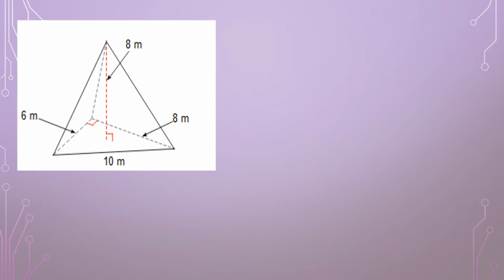For the next one, the base of this is a right triangle. So make sure that you look at that. It's a right triangle, we know, because it has that right angle in the corner here. So the 8 and the 6 are what I'm going to be using for the base and the height. So I'm going to have 1/3.